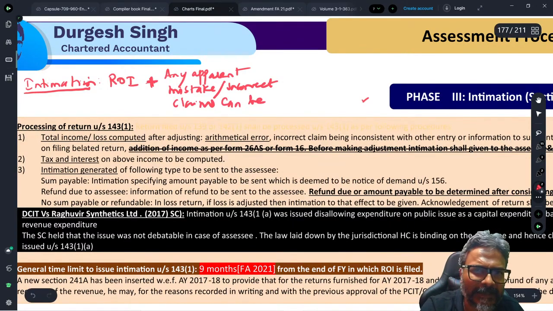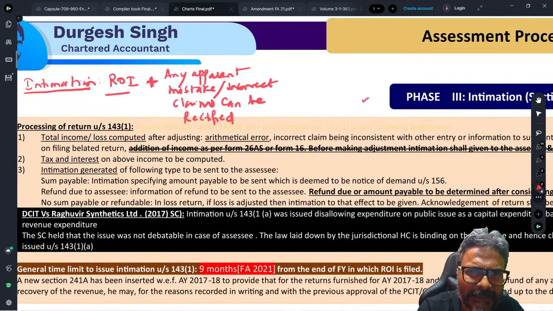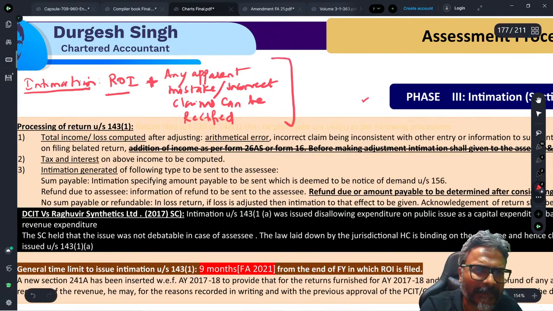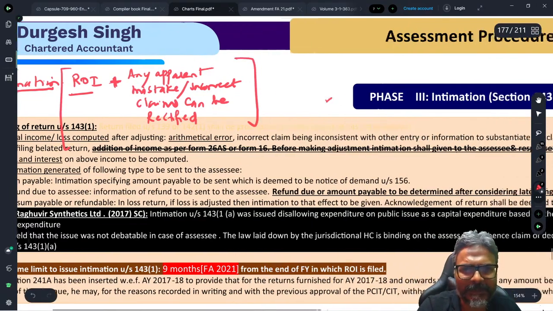And the answer is yes, it can be rectified in this case. And on the basis of the ROI and the rectification that will be made on any incorrect claims or errors in the ROI, the intimation shall be sent.